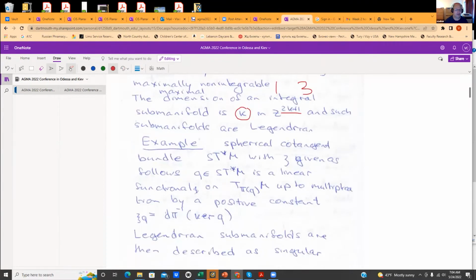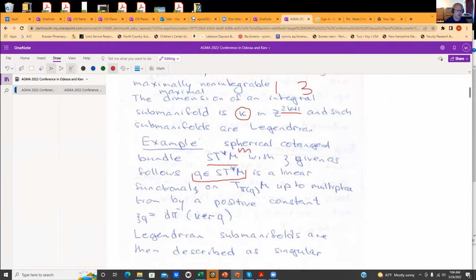The classical example of a contact manifold is the spherical cotangent bundle of a manifold. Here the manifold can be of any dimension you wish, and the contact distribution is given as follows. Take an element in the spherical cotangent bundle. What is this thing? The cotangent bundle consists of linear functionals on the tangent bundle.